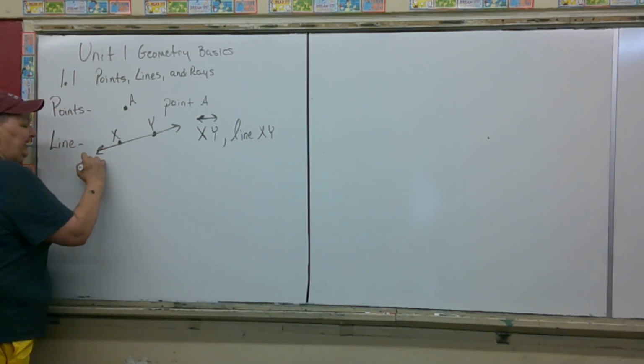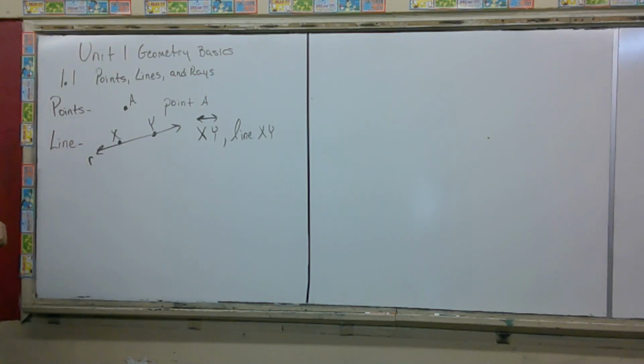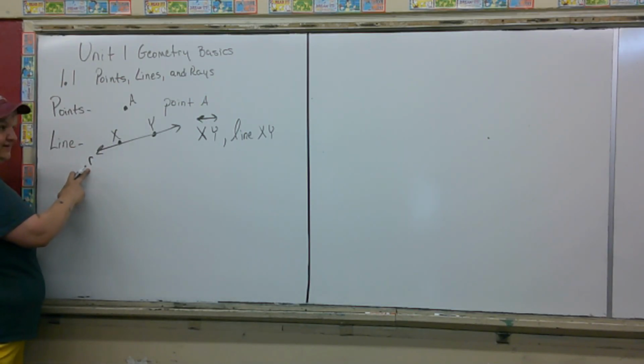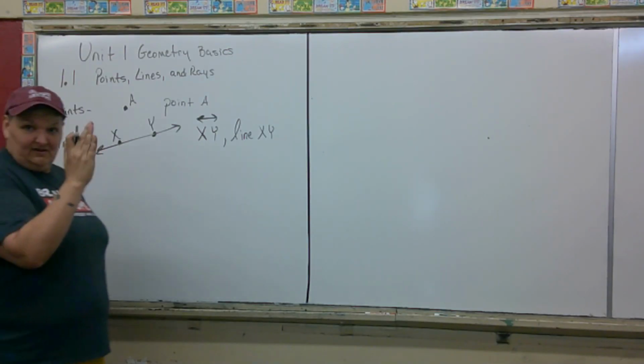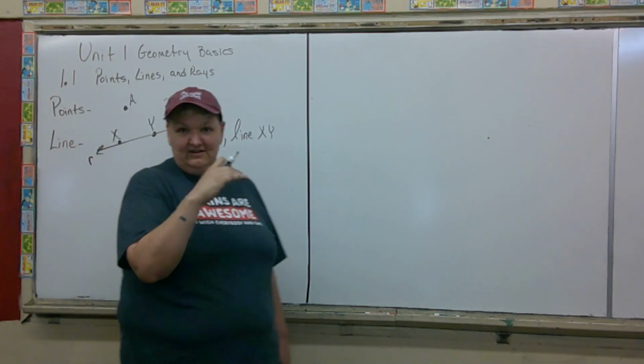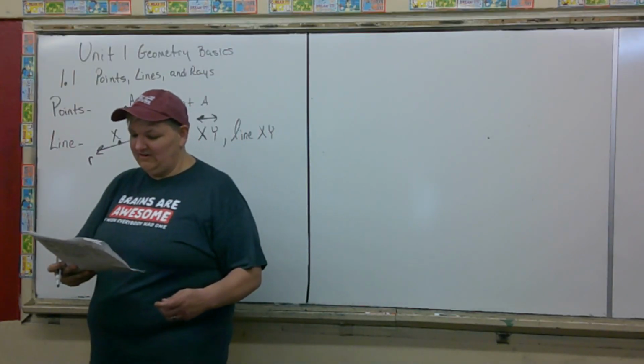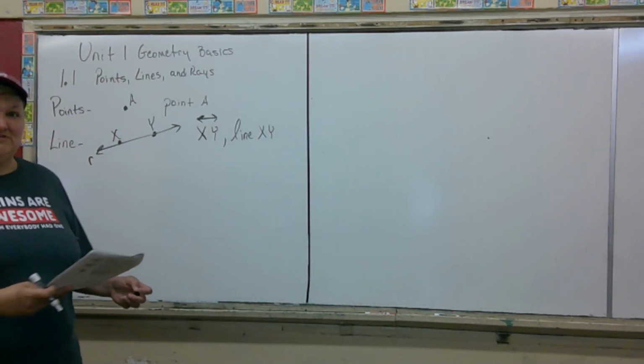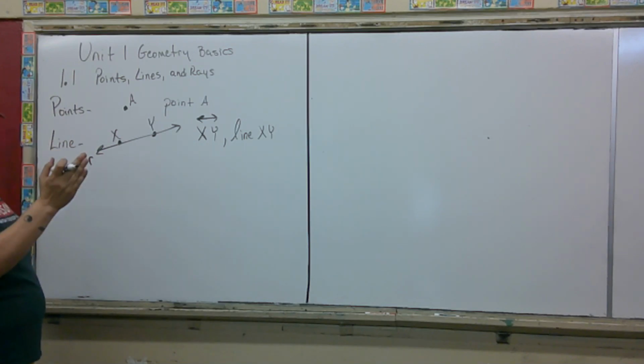Or if the line actually has a little letter next to it like this, this means it has its own name. It's going to be lowercase. It's not going to be connected to a point. And it's going to be italicized. What is that called? Script, which is slightly italicized.